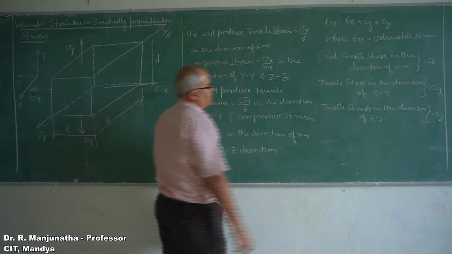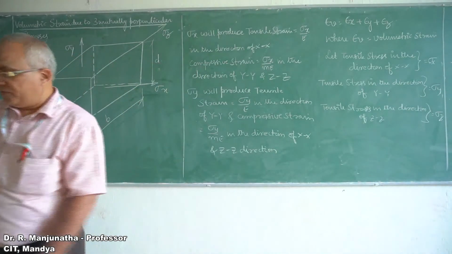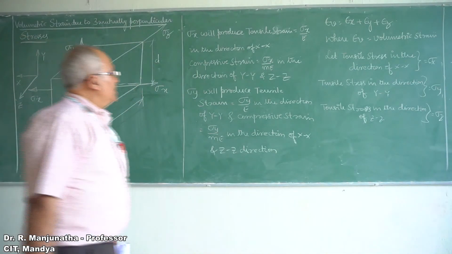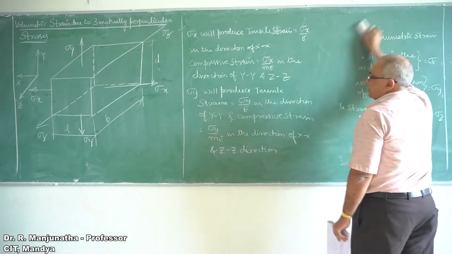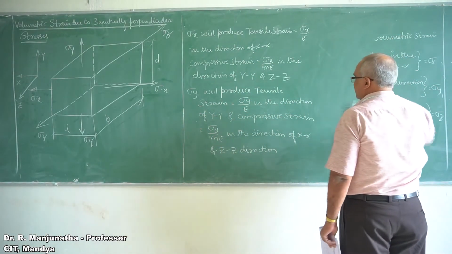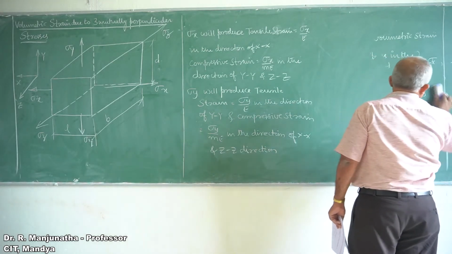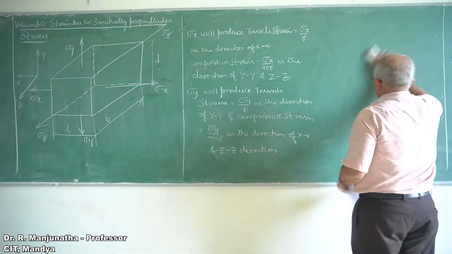So similarly, if you are considering sigma z, which will be a tensile strain in the direction of zz, and compressive strain in the direction of xx and yy.